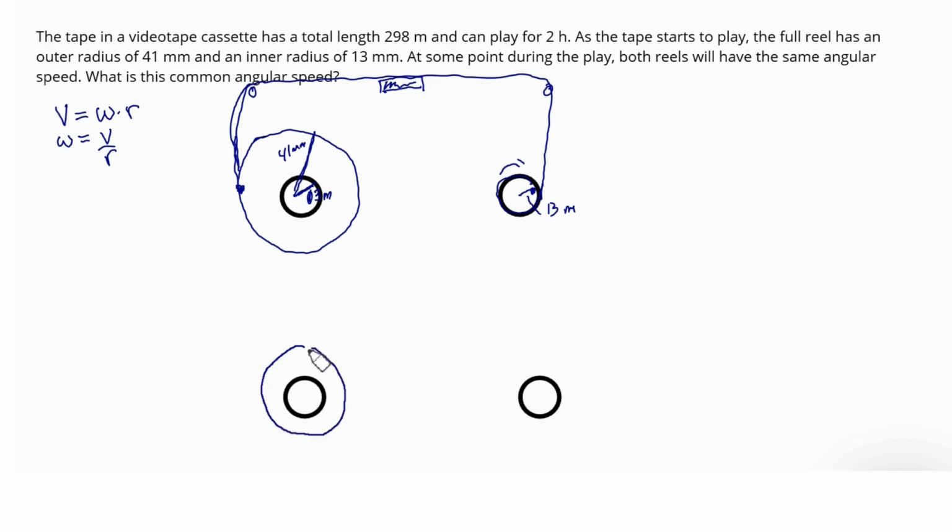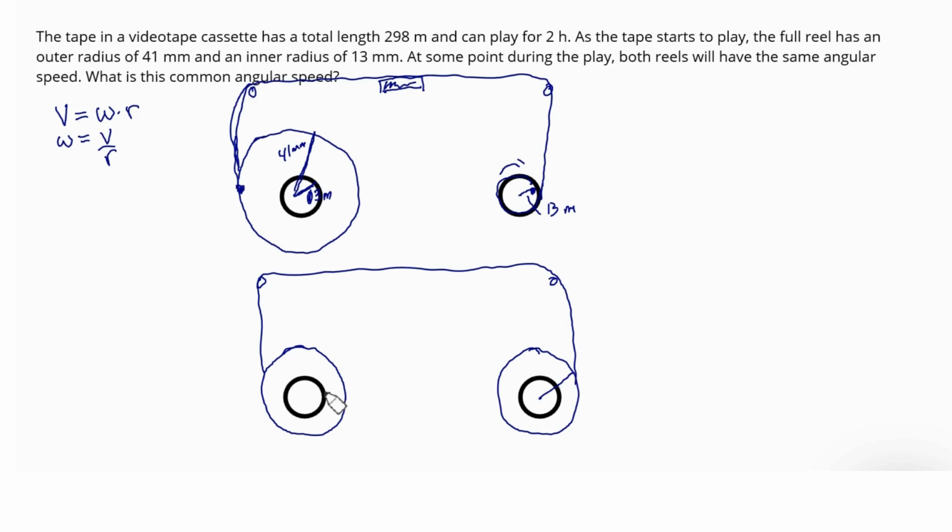So at some point, when it's been playing basically for an hour, because it's a 2-hour tape, half that tape has rolled off the big guy onto the little guy, and now they're both equal.